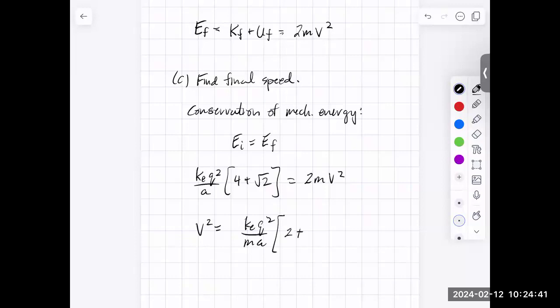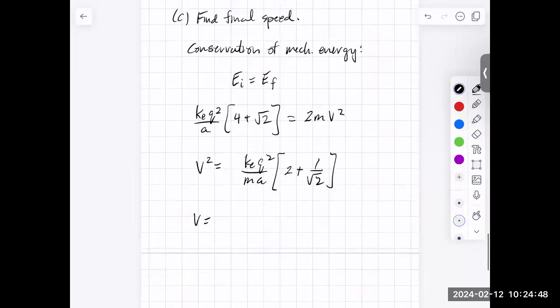Root 2 divided by 2 is 1 over root 2. And so finally then, taking the square root of everything, the final speed is kQ squared divided by mA times 2 plus 1 over root 2, and all of that is in the square root sign.